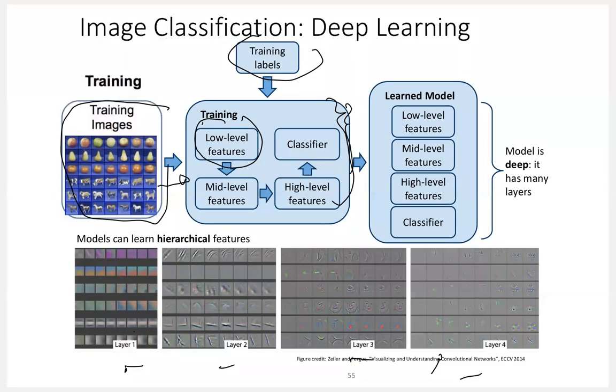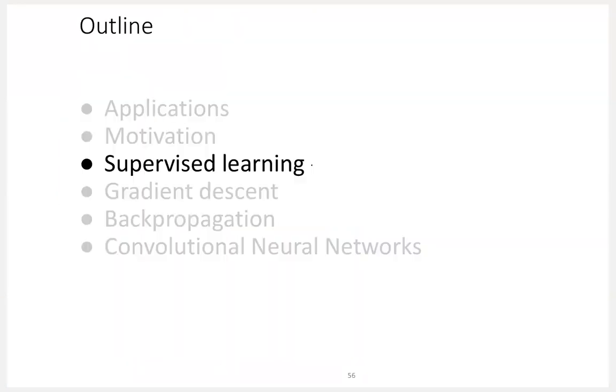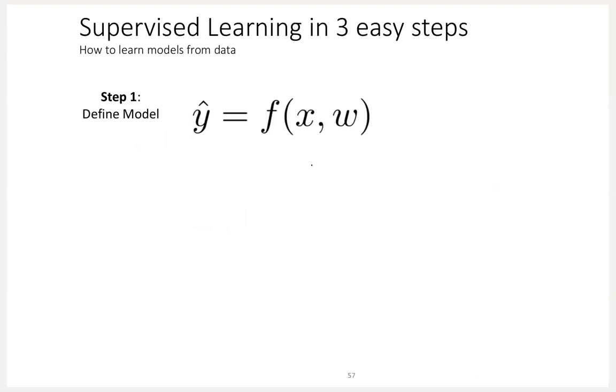Okay, now we have given a high level view of what the neural approach is doing nowadays. So now let's go back to how we actually train that. Again, I focus on just the supervised learning problem here.